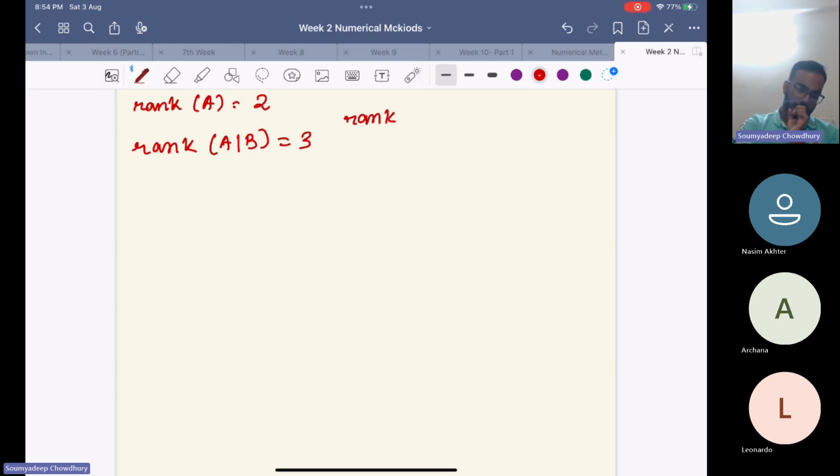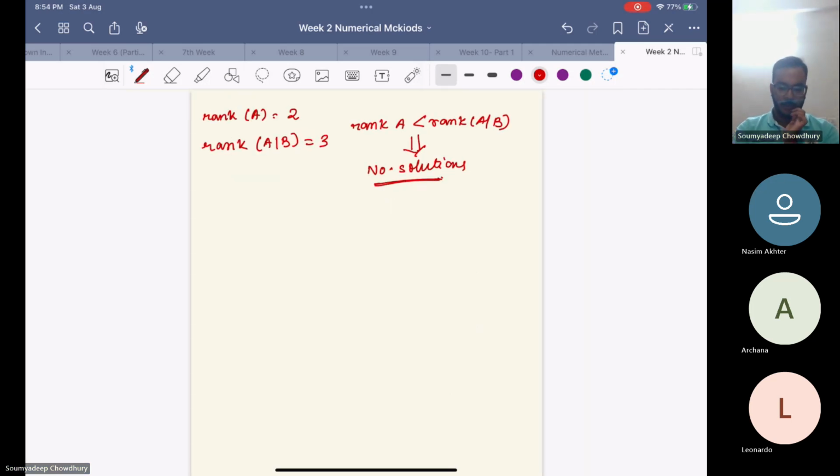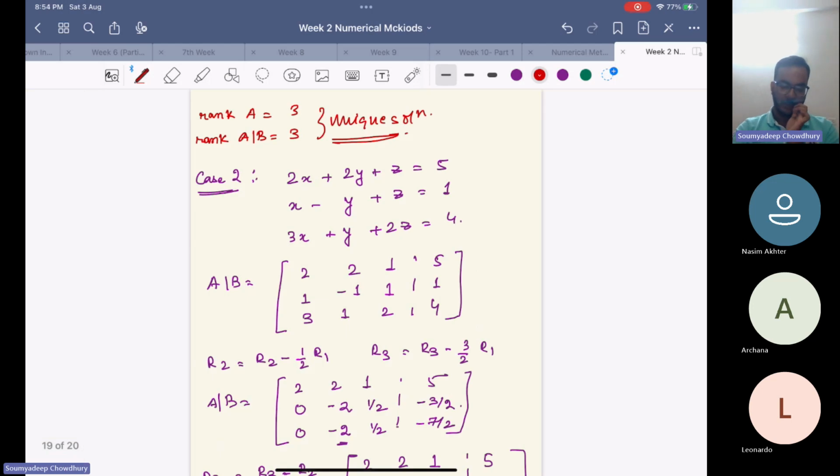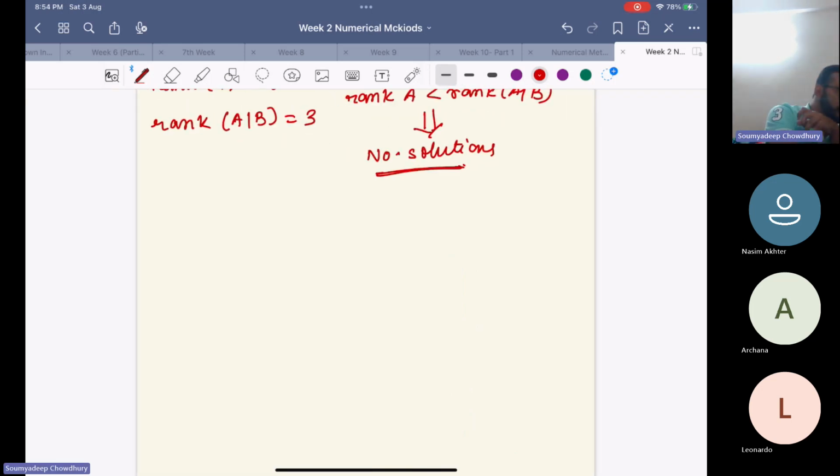Rank of A is less than rank of A slash B. So this gives me no solution. That is, these equations do not have any solution. So these three equations, if you solve them also, you will see that there is no solution for these equations. Okay. So the last case we will do.